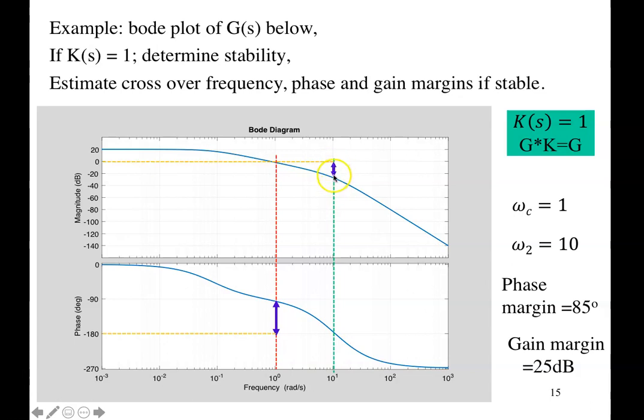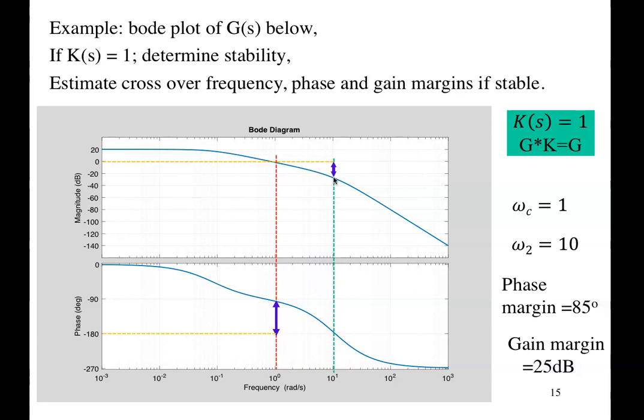So it's that little distance there. I think this point there is just below minus 20 dB. So therefore, the distance between 0 dB and that point is 25 dB. So I have a gain margin of 25 dB.